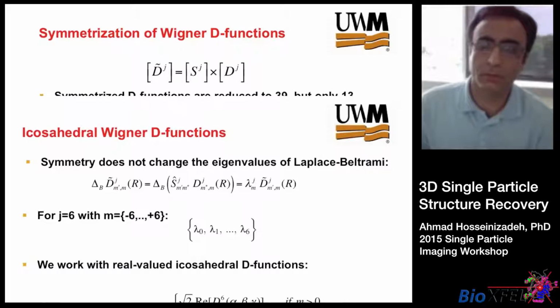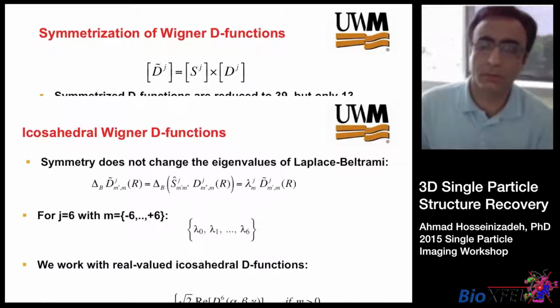Okay, so now we have the symmetrized Wigner D function at hand. Let's try to see what the eigenvalues are. If we apply the Laplace-Beltrami operator on the symmetrized Wigner D functions, we can easily observe that the eigenvalues do not change. So we have the same eigenvalues for the symmetric form.